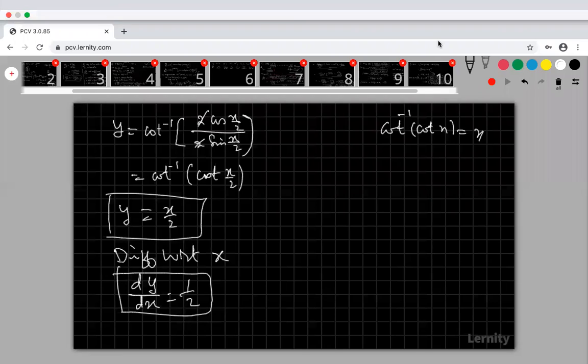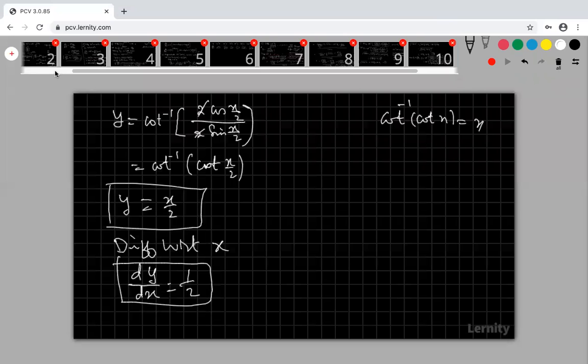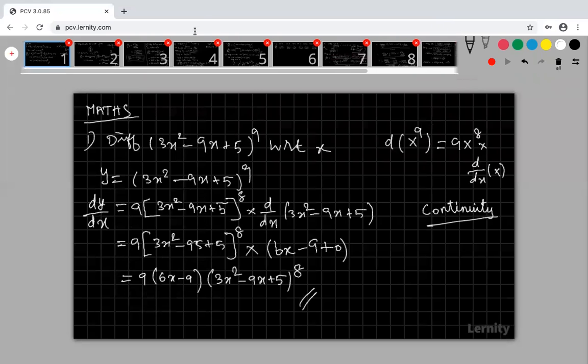Most probably we will try to finish all the problems in the next class, or within 1-2 days. Any other doubt? If you want the slides, please go through the slides. Are you completed?